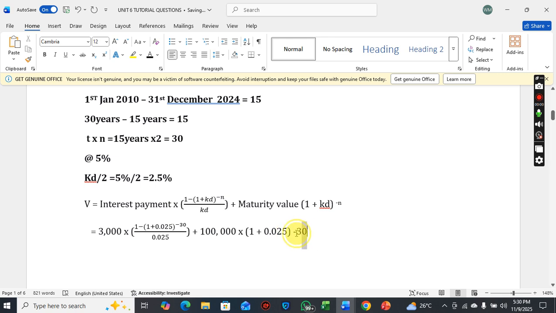So let's get our calculators and tabulate. Let's get the annuity factor here with our calculators.